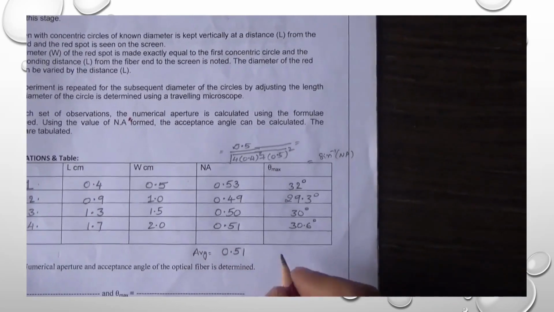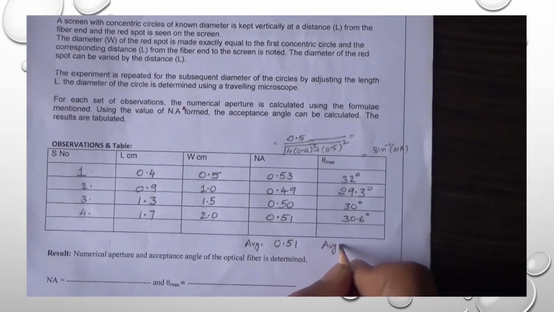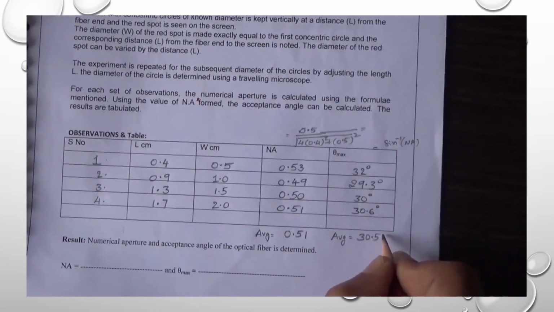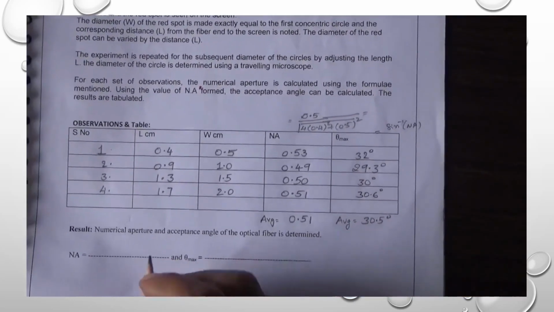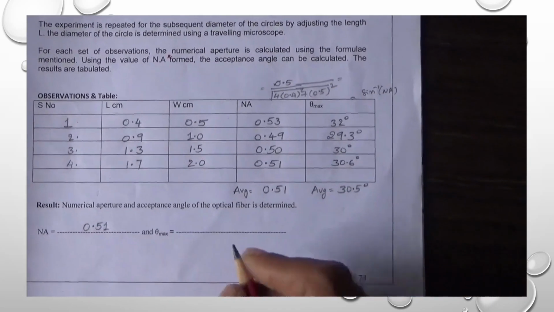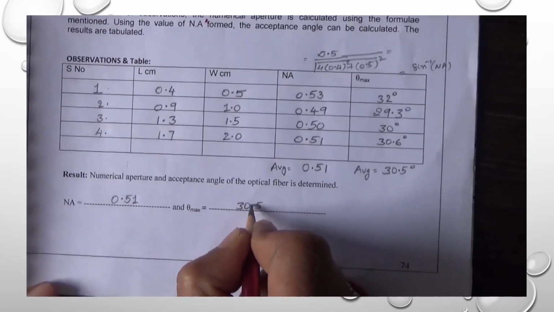Similarly, the average acceptance angle of all these values is found to be 30.5 degrees. Finally, the numerical aperture is found to be 0.51 and corresponding acceptance angle is 30.5 degrees.